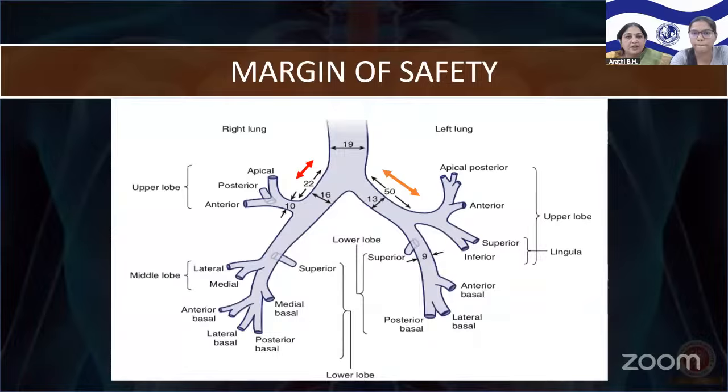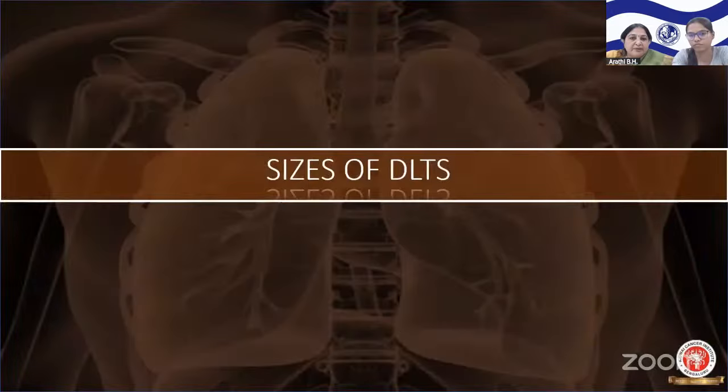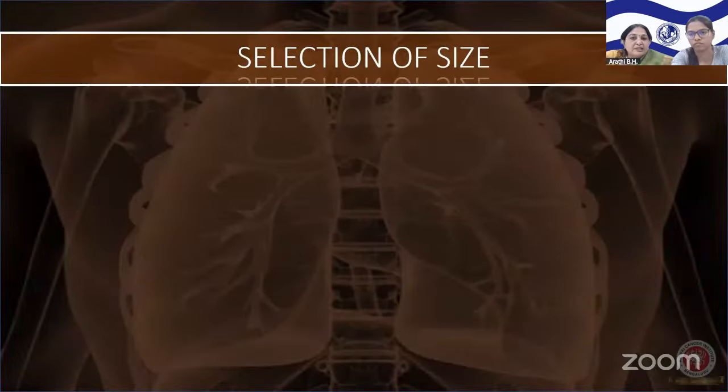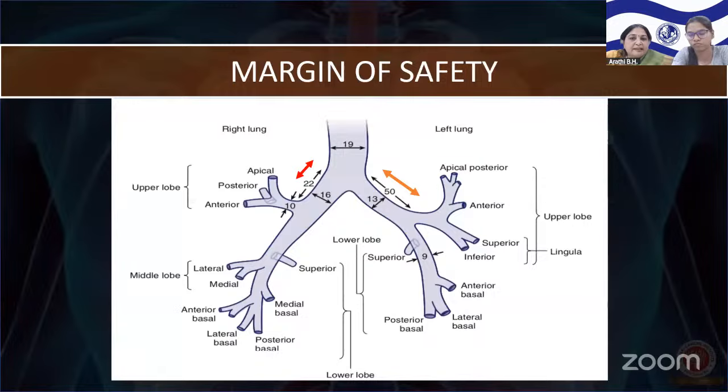One thing all of us should remember, and this point is very important for students so I'm interjecting, is the margin of safety. Margin of safety is the range over which you can move the double lumen tube, or the limb of the bronchial lumen, forward and backward without affecting ventilation and oxygenation.